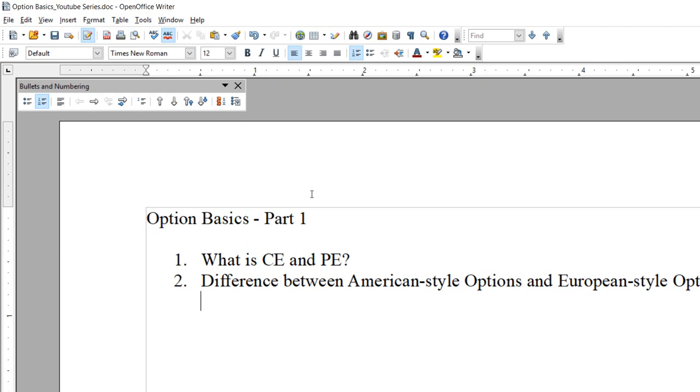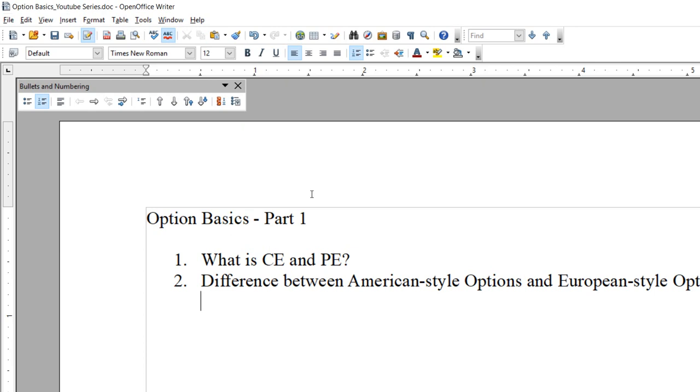As I told you, in India we follow European style options, and once I cover what is the difference, you will have a better understanding of it. Now, what is American style options and what is European style options? The concept of call and put remains the same, but the style of exercising it is different in both these styles.